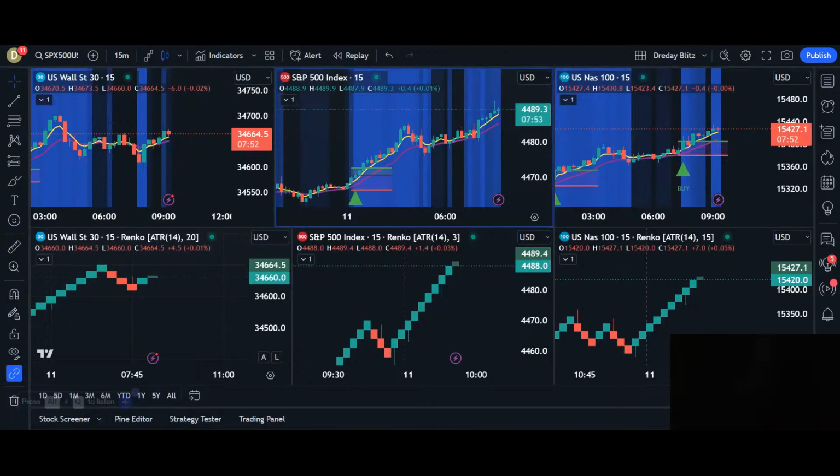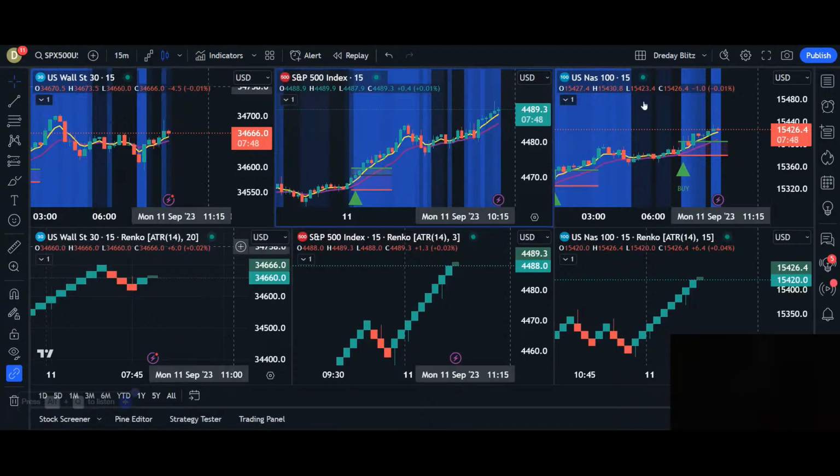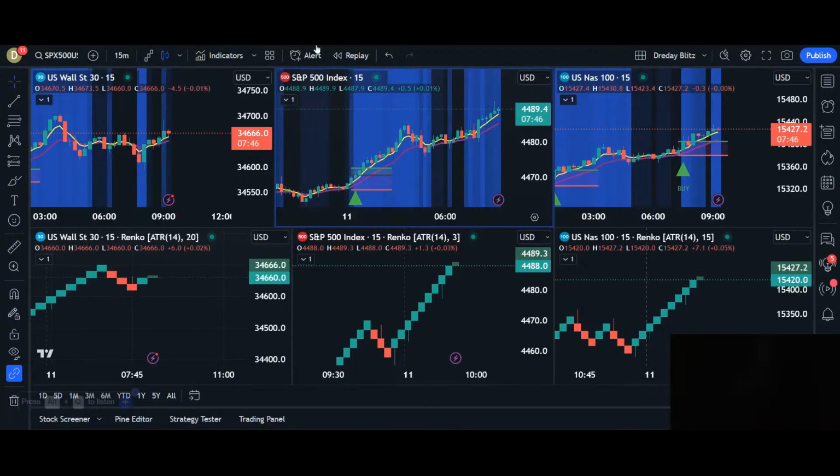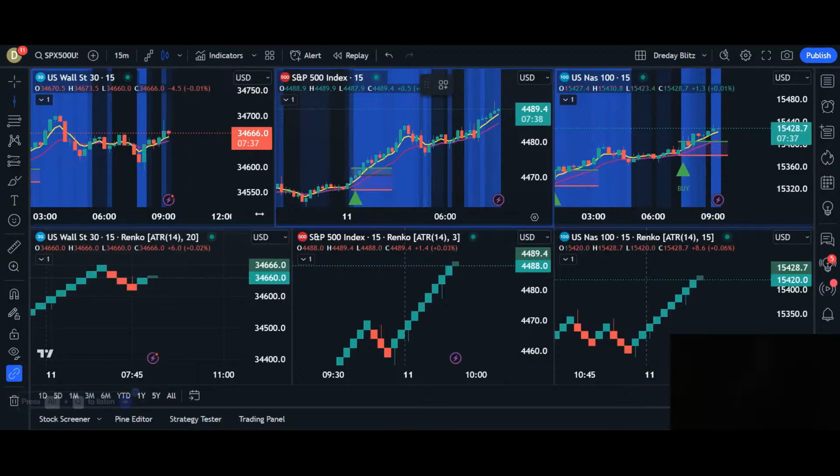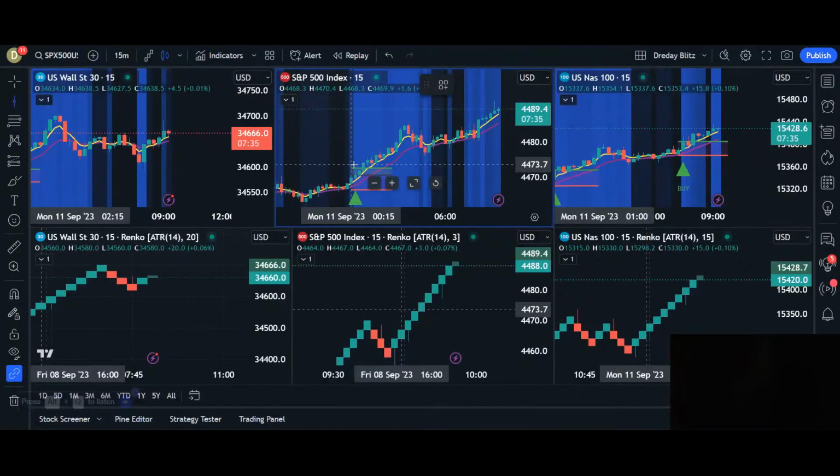So how it works is that when we see a signal, for example, like this, let's put a line. I always put a vertical line to show you guys.